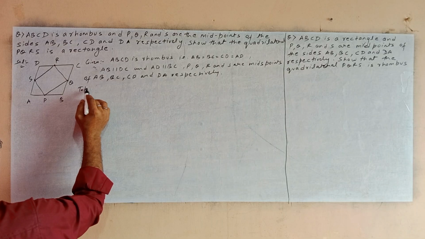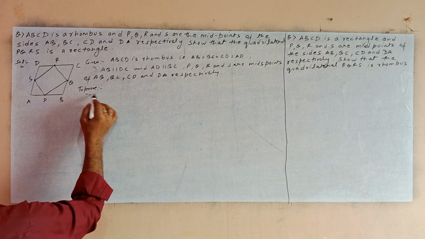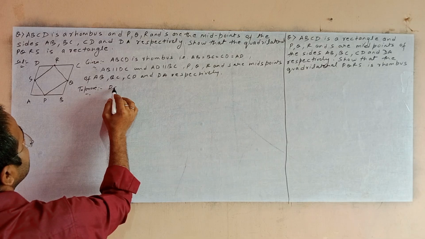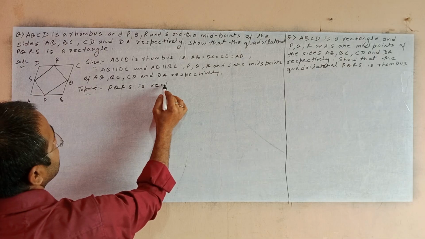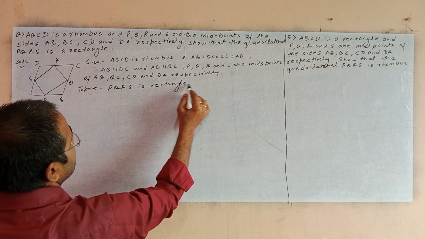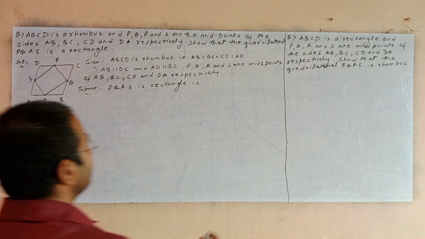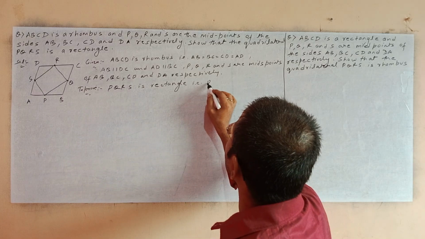Now you have to prove PQRS is a rectangle. In a rectangle, what will you prove?